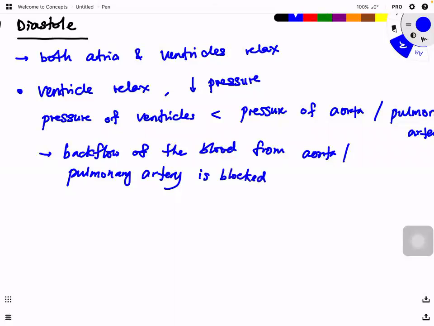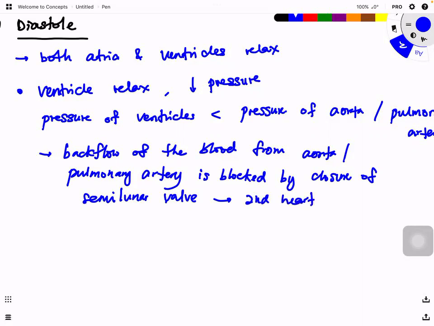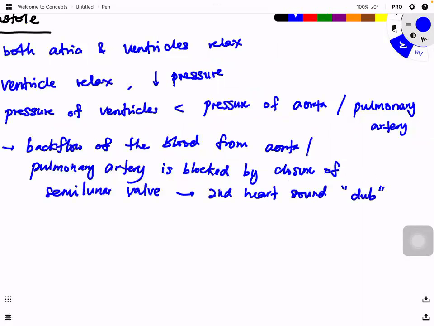It is prevented by closure of the semilunar valve. And the closure of the semilunar valve produces the second heart sound, which is the dub. So lub dub. In this case, this is ventricular relaxation.